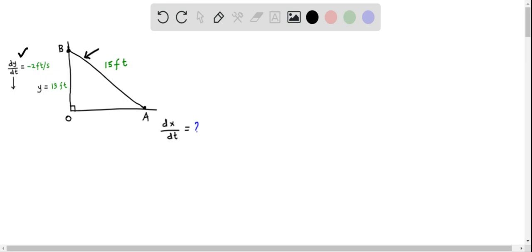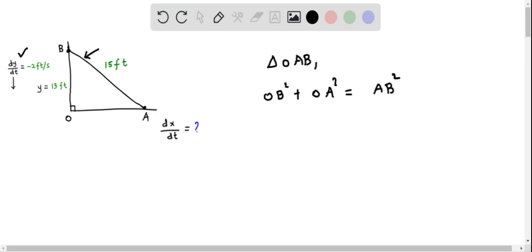First, when I consider this right triangle, triangle OAB, we can apply the Pythagorean theorem. That is OB squared plus OA squared equals AB squared. Let's substitute the values.